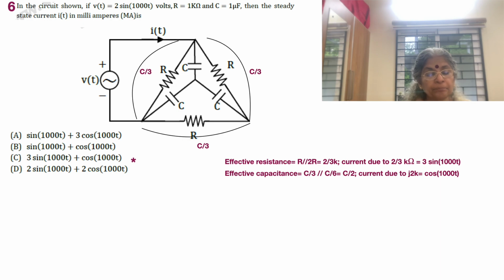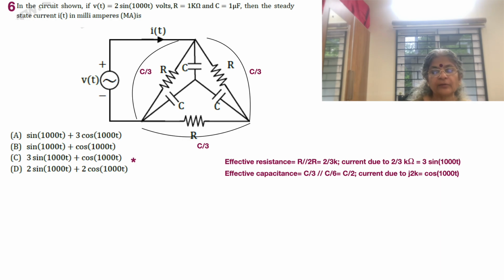Okay, so now this is the impedance which is drawing current. Okay, so of course you have omega, which is equal to 1000, and C value is 1 microfarad. So put them all together. So we have what is called j2k as the capacitive reactance, okay.